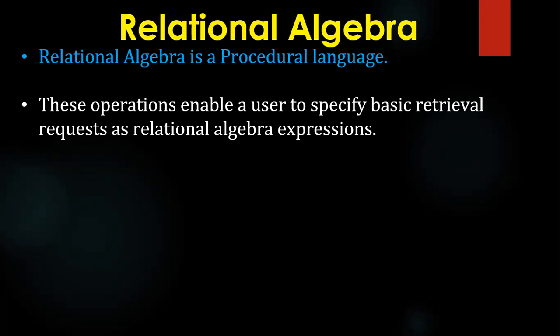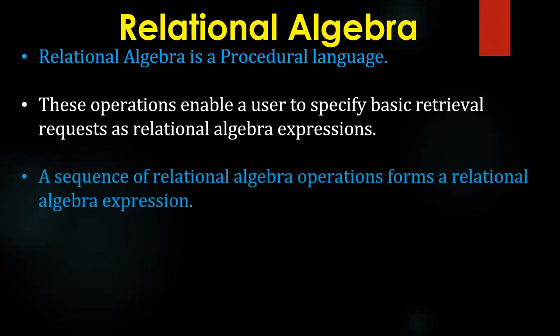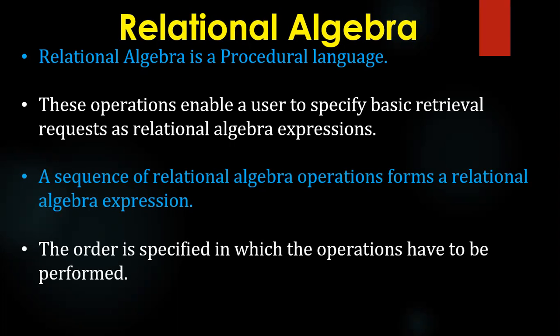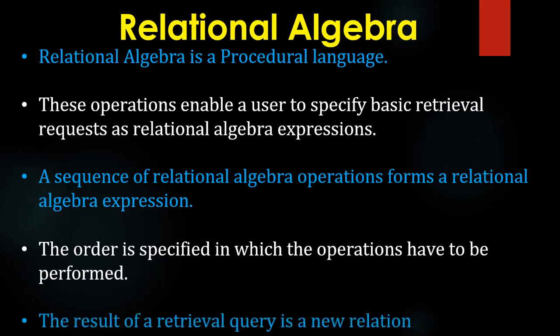These operations enable users to specify basic retrieval requests, so they can access the data with the help of different relational algebra expressions. We can write a sequence of relational algebra operations, and it will form an expression called a relational algebra expression. Here we need to specify the order in which these operations have to be performed.